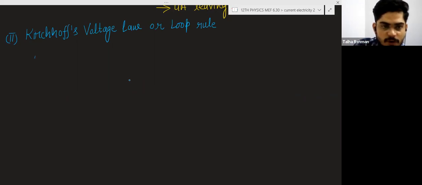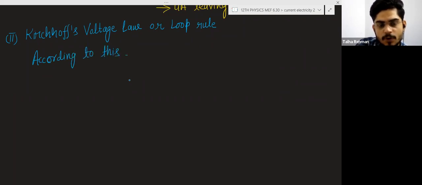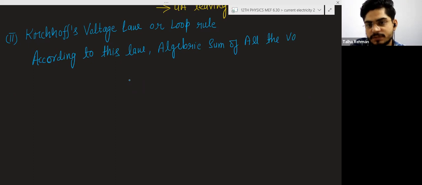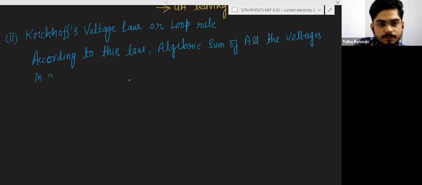So according to this law, the algebraic sum of all the voltages in a closed loop is zero.